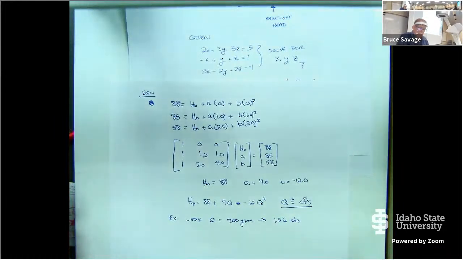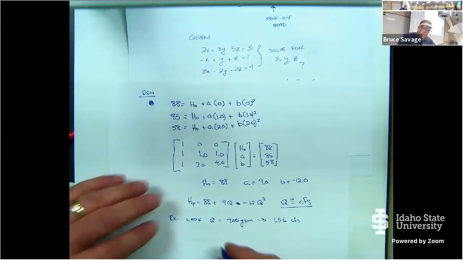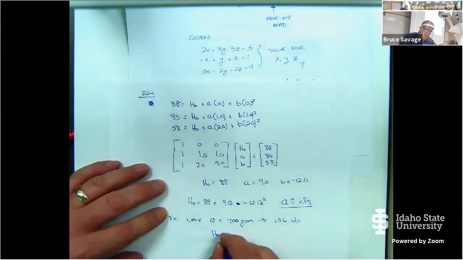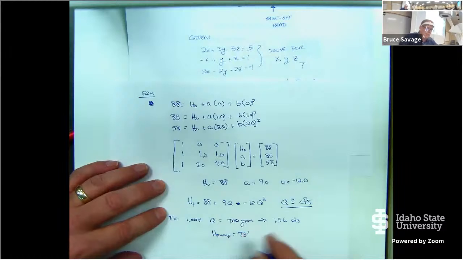If I take that then and put that into my equation, okay, and then 9 times, okay, and then if I add that to 88, I get H of the pump, head of the pump, is equal to essentially 73 feet.